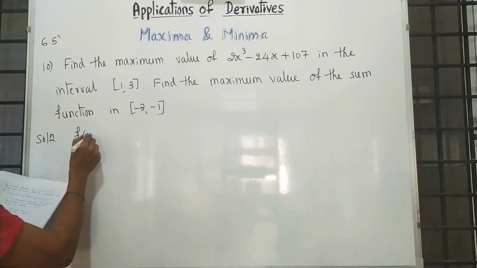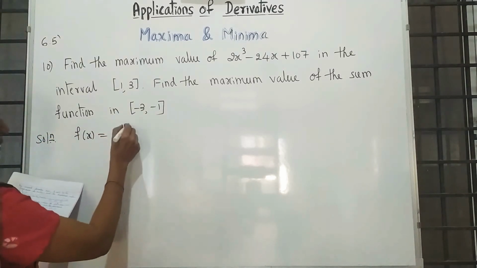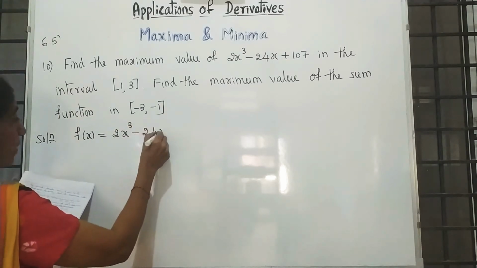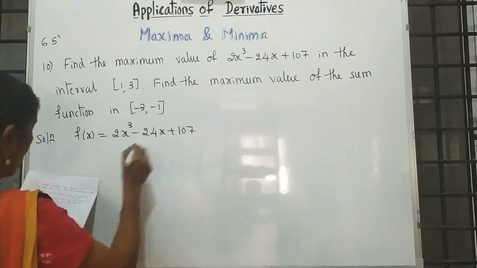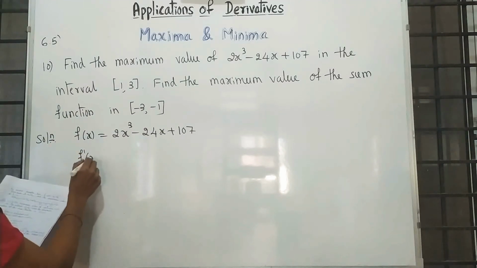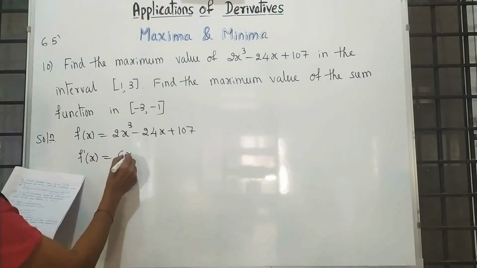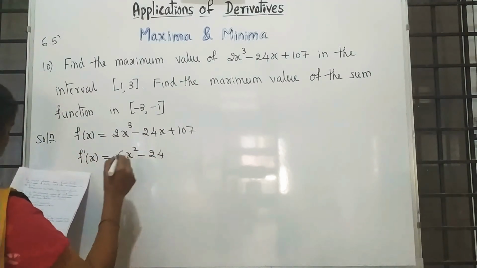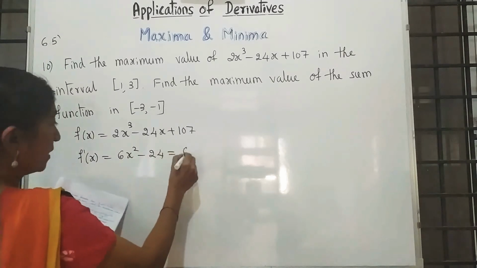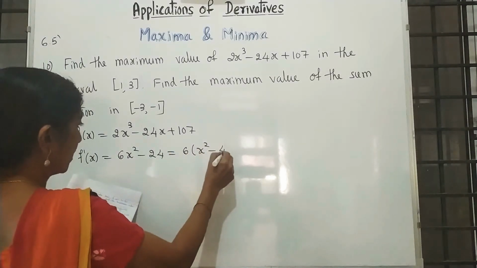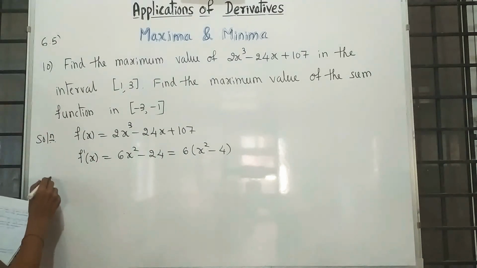So f of x is 2x cube minus 24x plus 107. f dash of x is 6x square minus 24. That we can write as 6 in the bracket x square minus 4, for convenience.